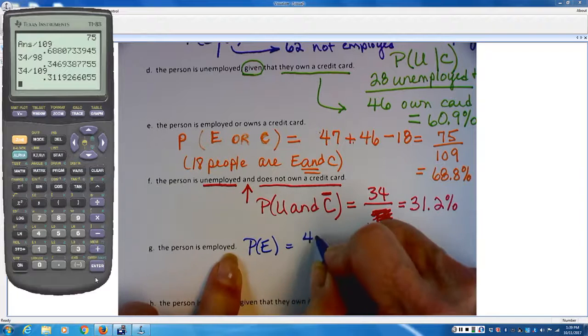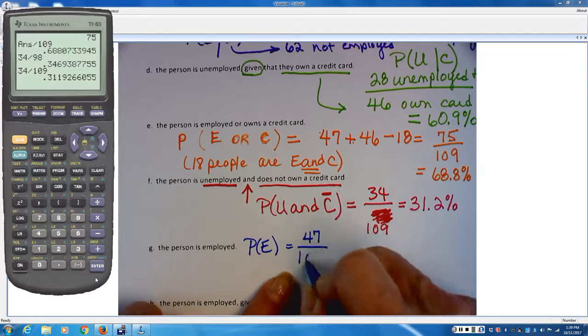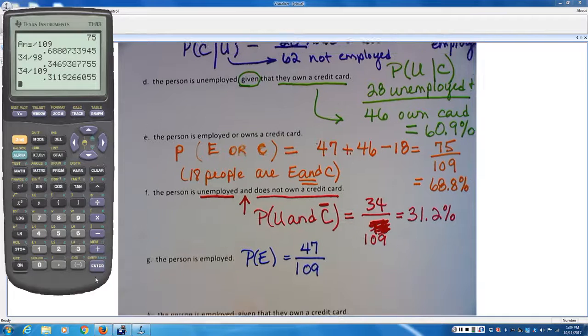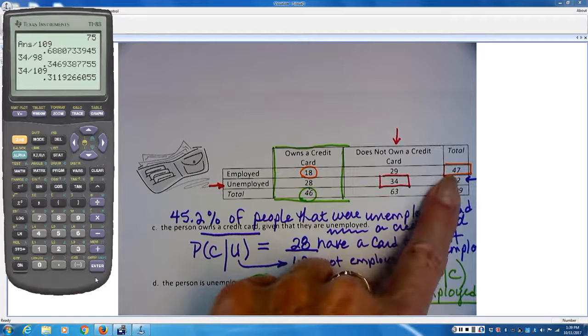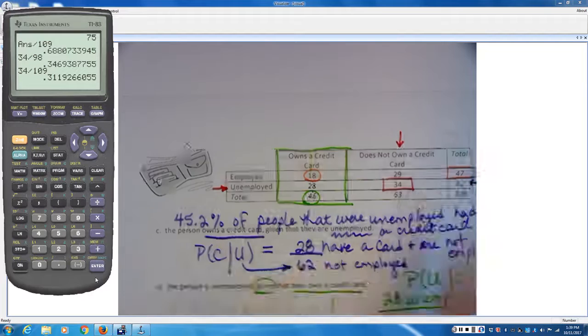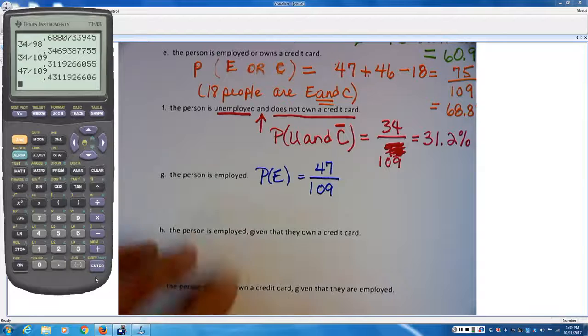And it is out of 109, so that was good. But remember, the total of your employed people is this 47 people here. So that would be 43.1%.